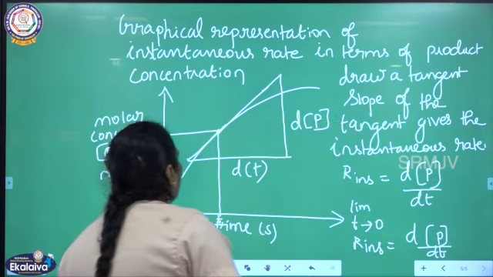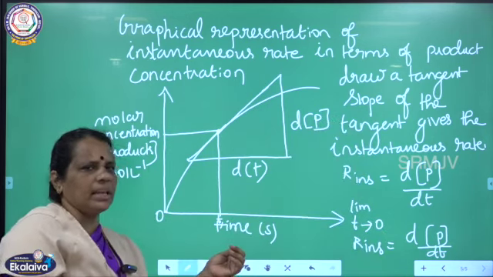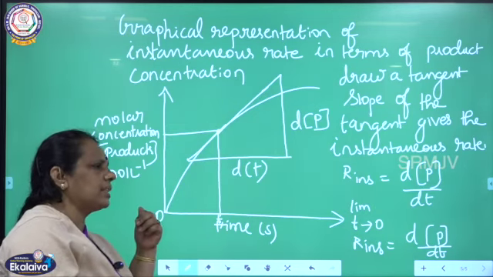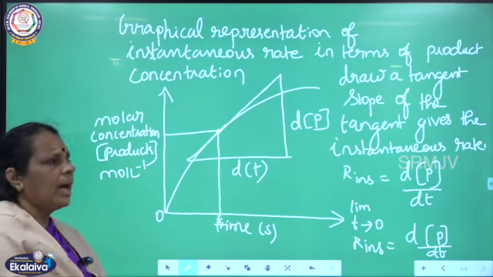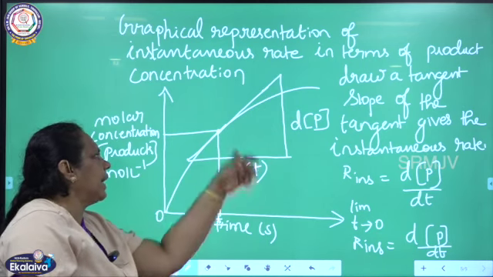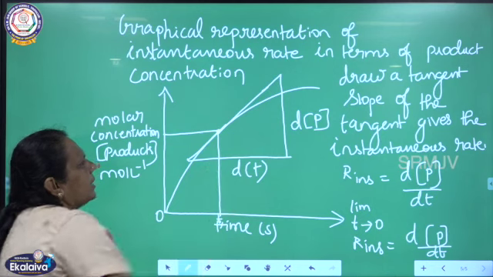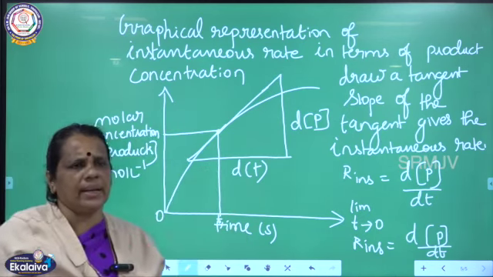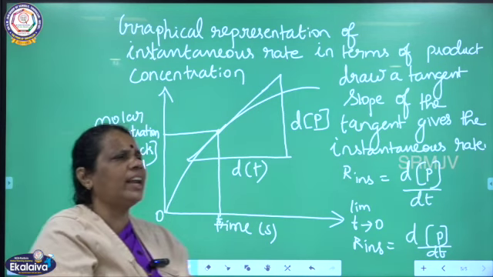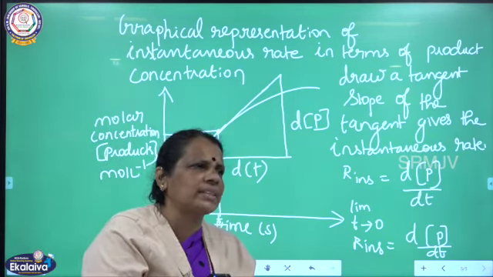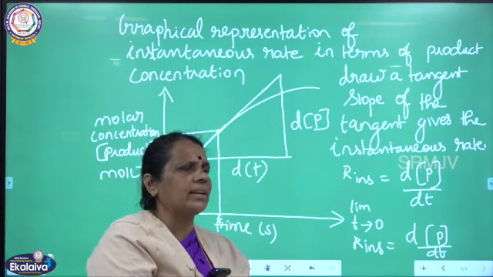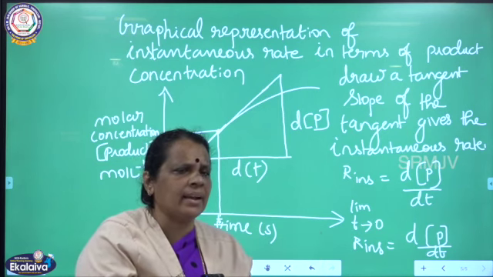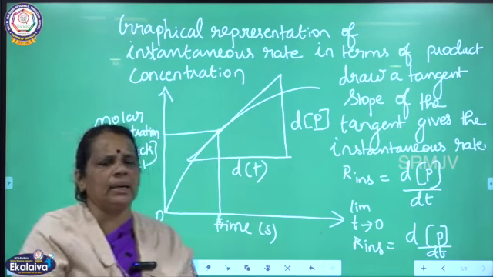So what I have done is drawn a graph taking time on the x-axis, which is measured in seconds, and molar concentration of the product on the y-axis, where the unit is moles per liter. I have drawn a tangent at this point, and the slope of the tangent gives the instantaneous rate. By drawing a tangent and finding the slope, we get the instantaneous rate of the reaction in terms of molar concentration. So R instantaneous here is dP by dt. Why dP?